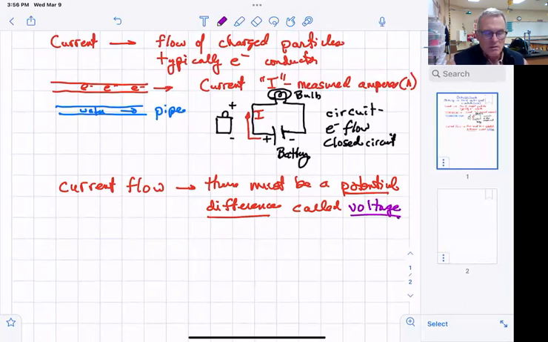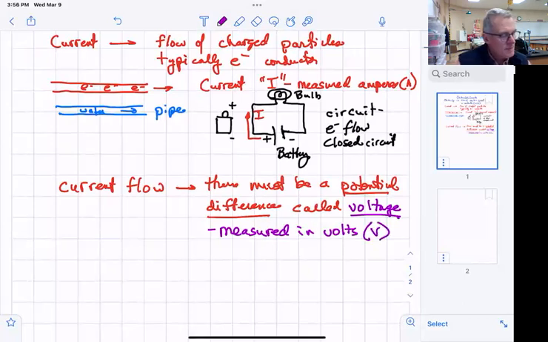It is measured in volts, and the abbreviation is V. So let's talk about what a potential difference is. The potential difference is created by the battery.